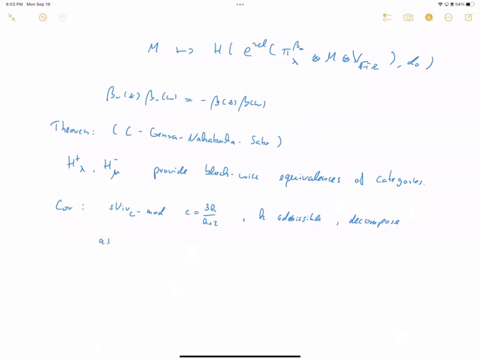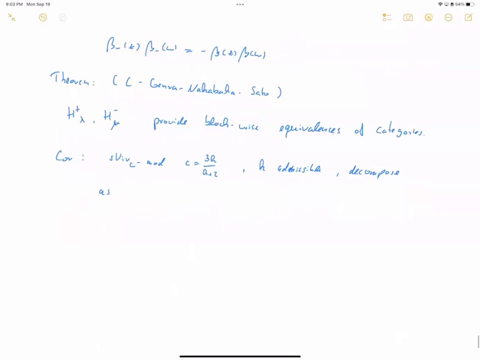Whatever it is, it decomposes as a huge sum of typical blocks plus a small sum of atypical blocks. The only thing one has to figure out is the precise label sets, and for that one has to look at these functors more explicitly. You can read it off from our paper, but you can't write it down in 5 minutes.